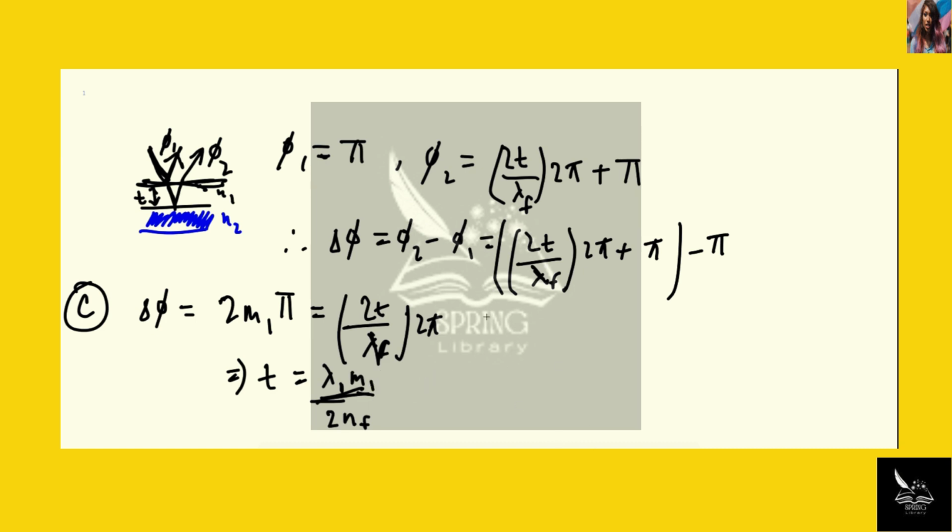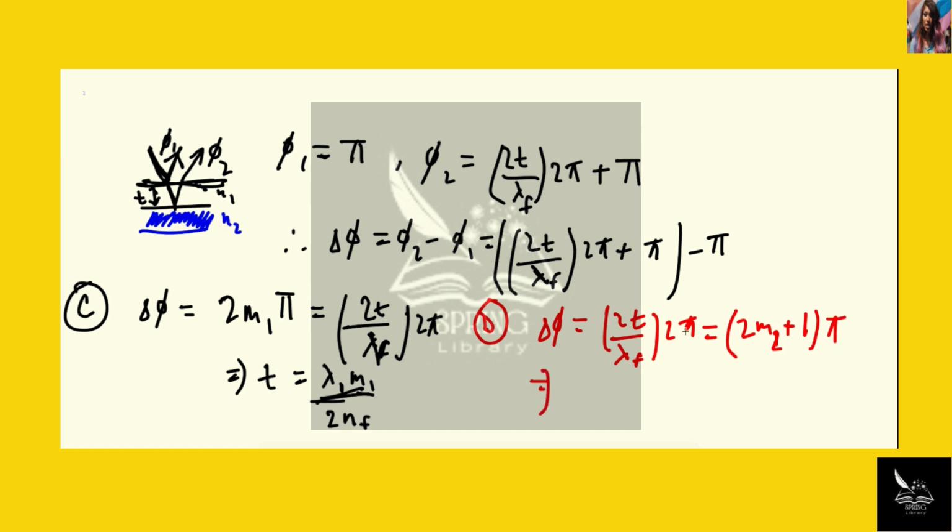And in the case of destructive interference, delta phi, which is again 2t over lambda_f times 2 pi, in this case will be equal to 2m2 plus 1 times pi, m2 signifying order for destructive interference. So this is for destructive interference, and the pi's cancel.